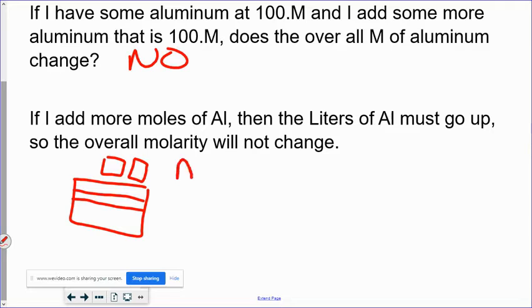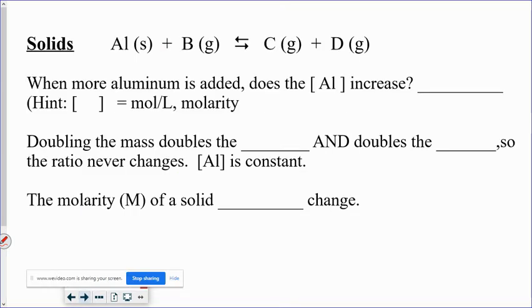And remember, molarity is equal to moles over liters. So again, if you add more moles of aluminum, you end up getting more liters of aluminum, and that ratio always stays the same. So the molarity of aluminum does not change. So when more aluminum is added, does the concentration or molarity, and these brackets right here, they mean molarity, or we also use the word concentration in this unit.